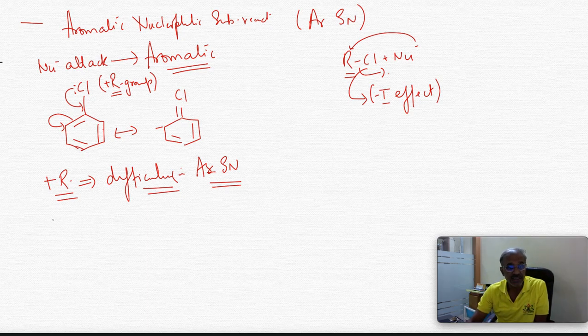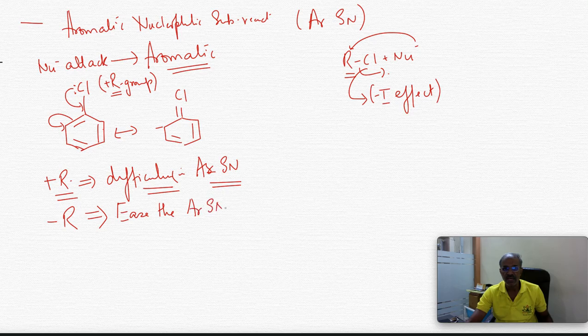But similarly, if there is a minus R group, meaning electron pulling, like NO2 or CN, then obviously they will ease the aromatic nucleophilic substitution reaction.